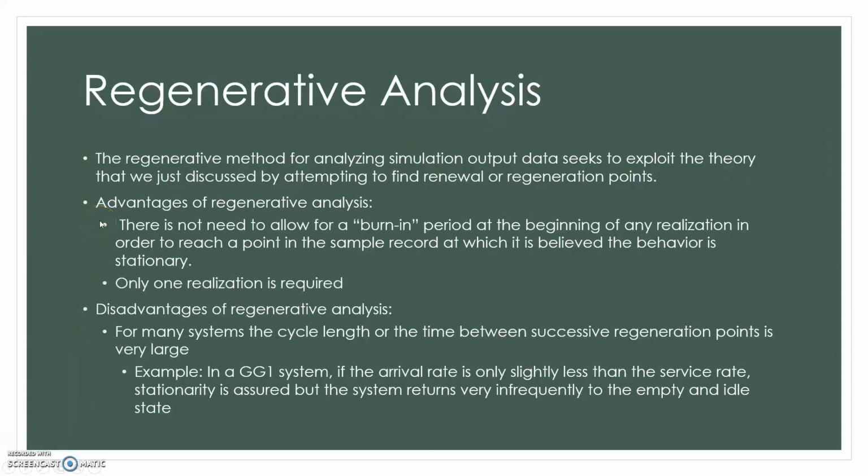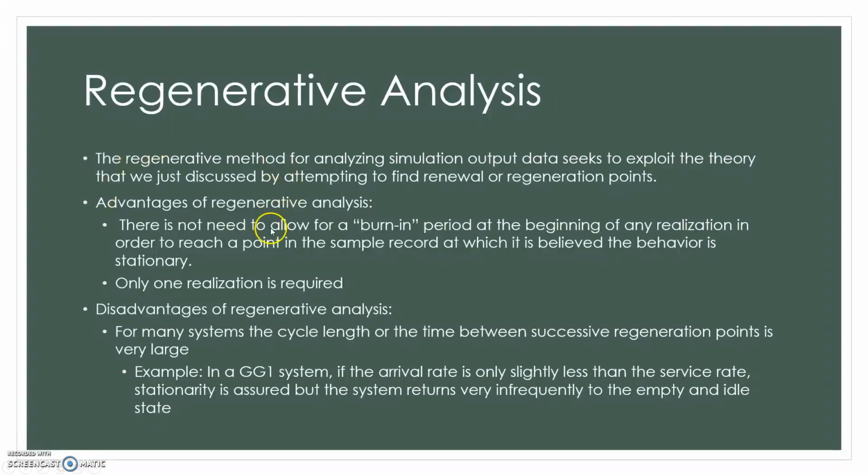The regenerative method for analyzing simulation output data seeks to exploit the theory that we showed you on the last page by attempting to find renewal or regeneration points. The advantage is that there's no need to allow for a burn-in period at the beginning of any realization in order to reach a point in the sample record at which the behavior is believed to be stationary.